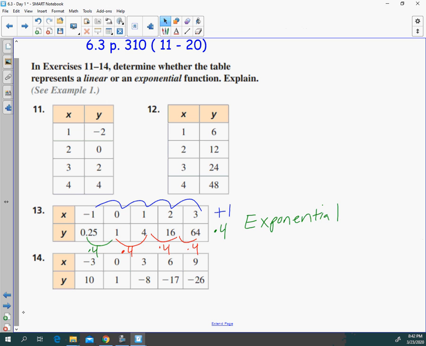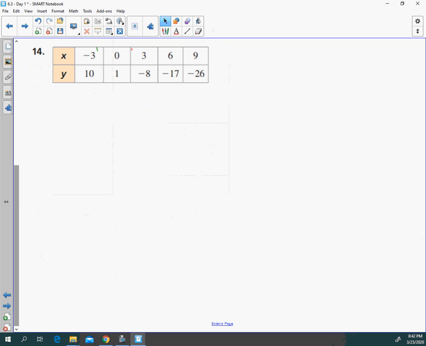Last one. Aiden, you think you can handle this one? Number 14? I'm going to extend the page so we just see that one. Number 14, Aiden. They're adding 3 each time. What is going on here? Well, I know from here to here, they're either timesing by 1/10, that's the times, or they're minusing 9, right? That's kind of easy, right?